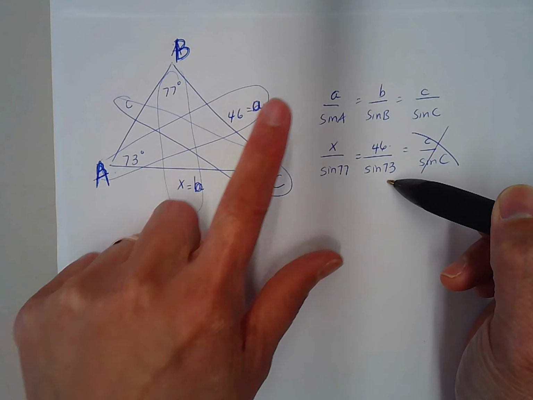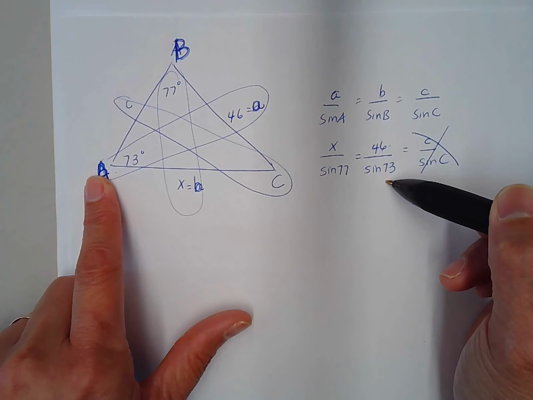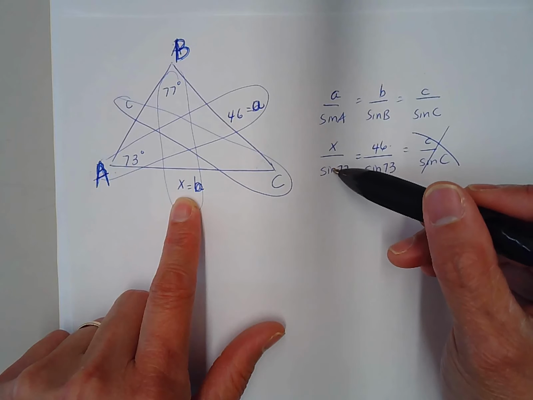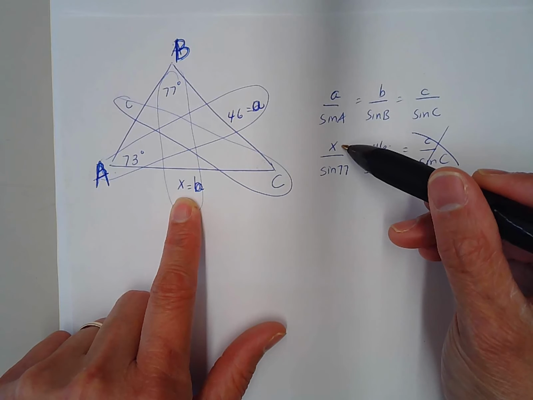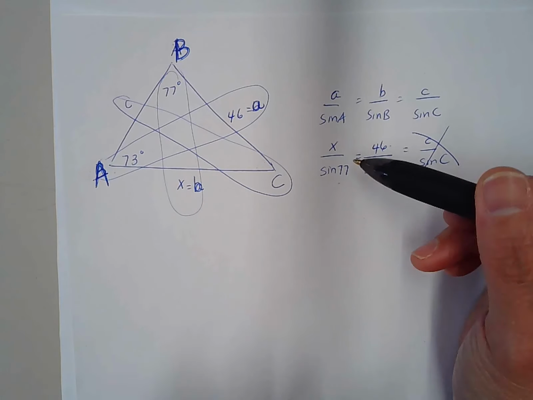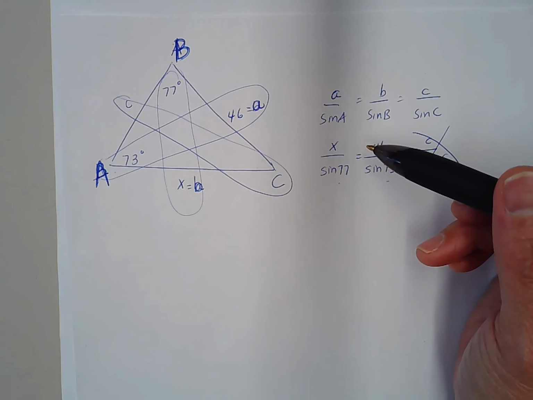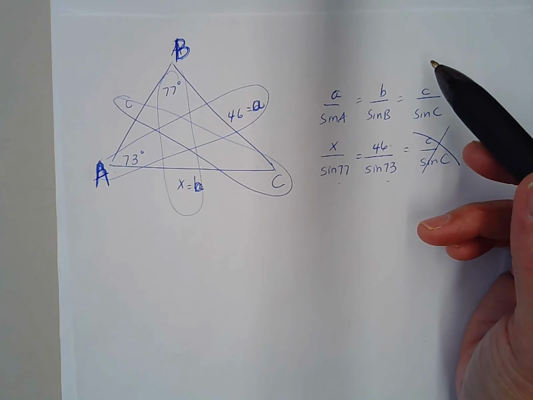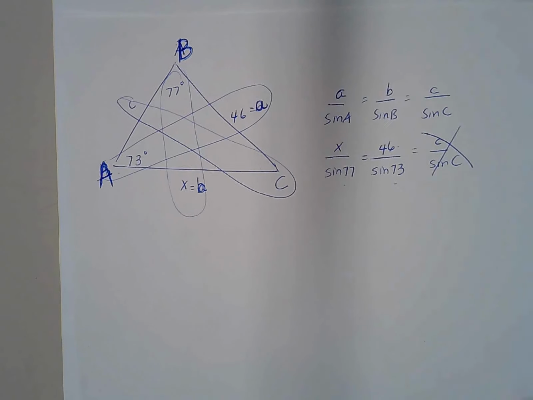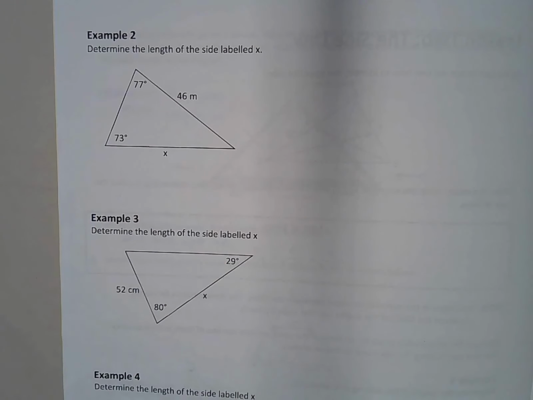That's still a pair, right? And then the other one, x divided by the sine of 77. So still the same thing. That's a way to match them up, but from now on, we can just look at it and say, hey, which ones are complete pairs?